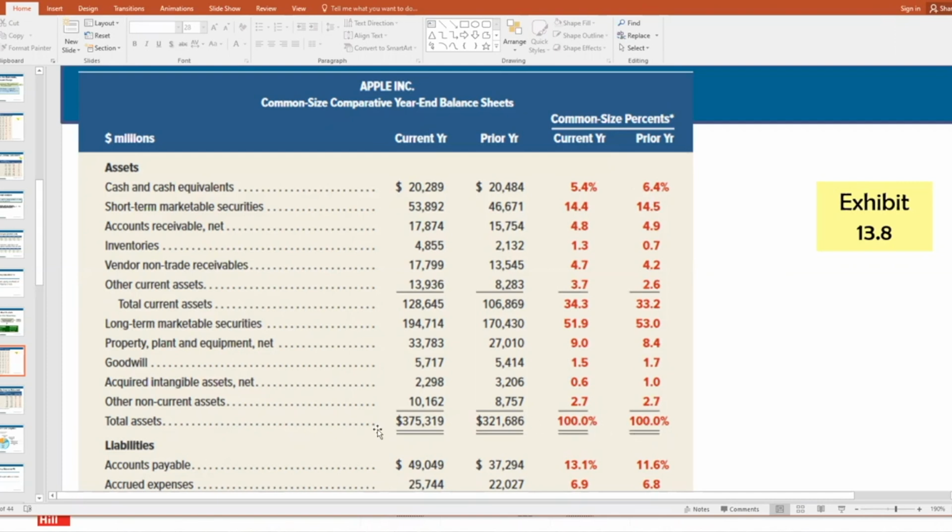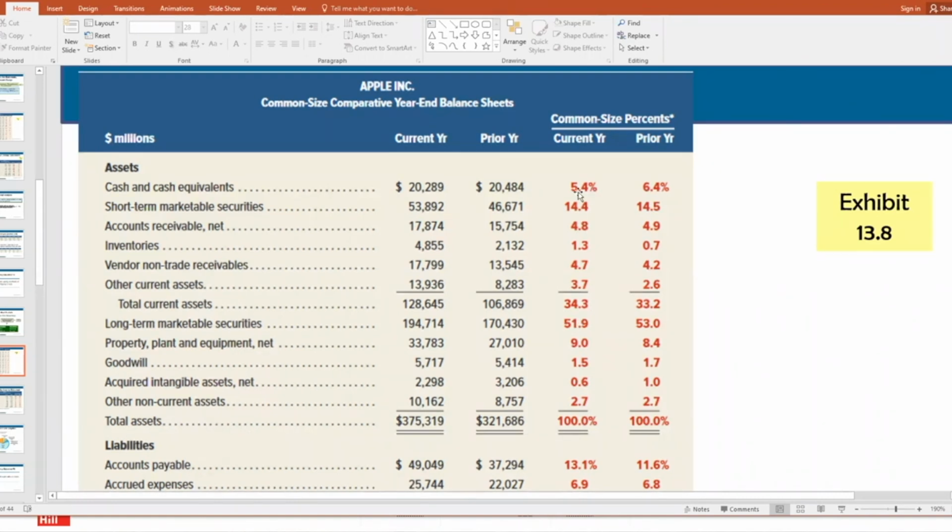You know, what makes up our total assets? Well, what is the biggest part? What is the biggest component of our total assets? Can you just look at this and tell me what makes up most of our assets? The long-term marketable securities. Yeah, right.